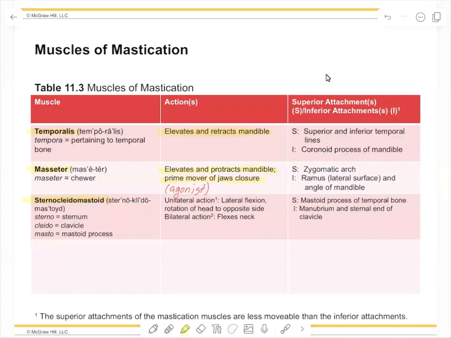The next muscle is the sternocleidomastoid muscle, and it's one muscle in particular that's named for its origins. For example, it attaches to the mastoid process, as well as the clavicle and the sternum. So one of its functions is rotation of the head to the opposite side and also flexion of the neck. So as you can see, attachment sternum, clavicle, and mastoid process.